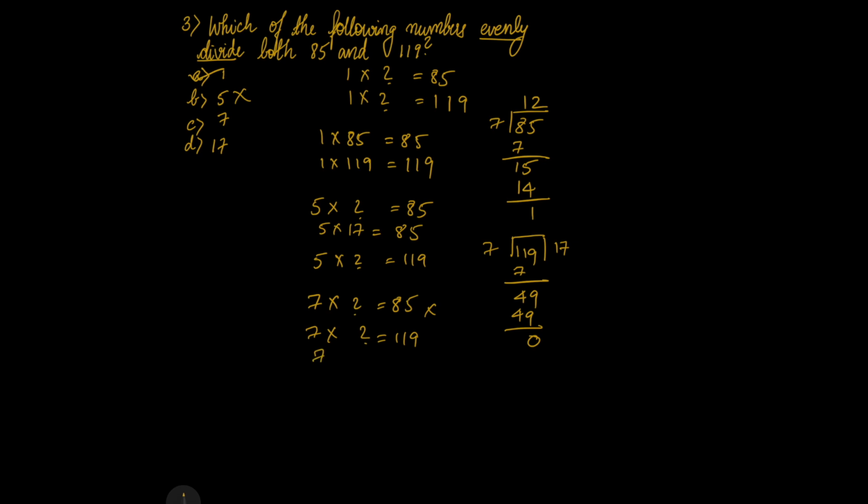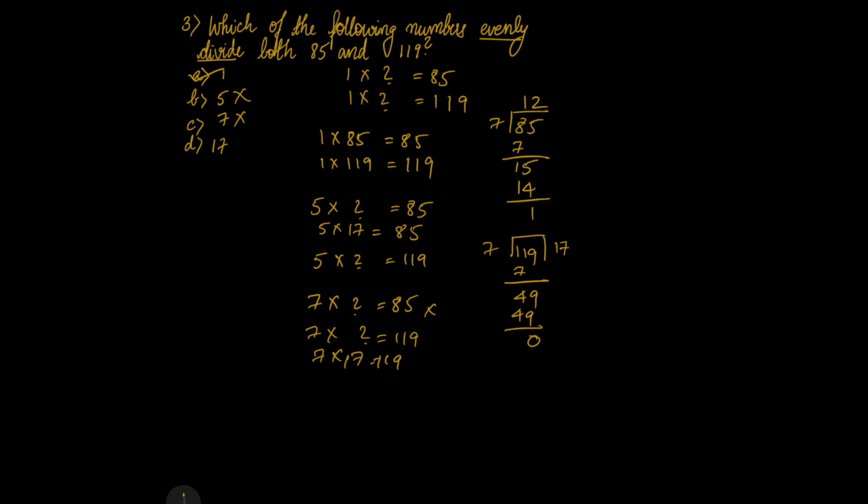So yeah, you can multiply 7 by 17 to get you to 119. But again, because you cannot multiply it by any number to get to 85, it doesn't evenly divide both numbers.